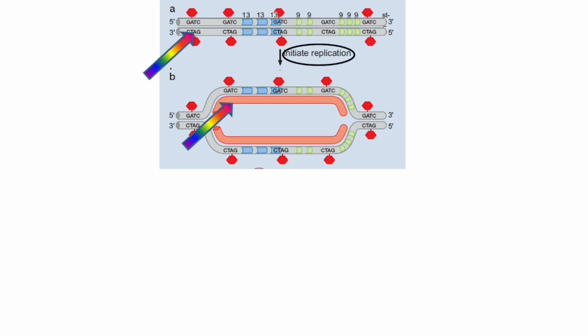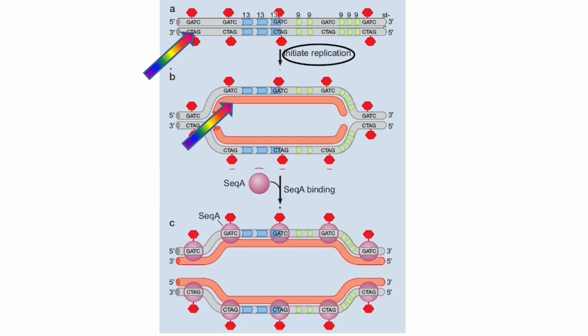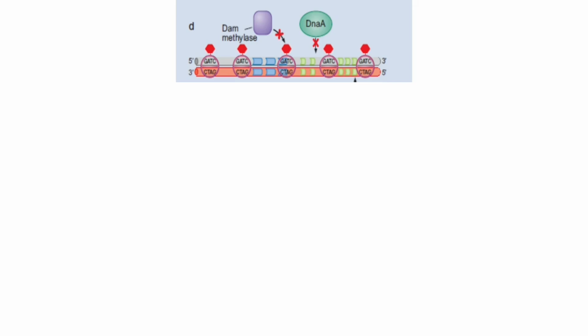This is because the hemimethylated state of newly replicated oriC DNA is detected by a protein called SeqA. SeqA has an affinity for hemimethylated GATC sites and binds tightly to it. Binding of SeqA has two consequences. First, it dramatically reduces the rate at which the bound GATC sites are methylated by preventing Dam methylase from reaching the sites.